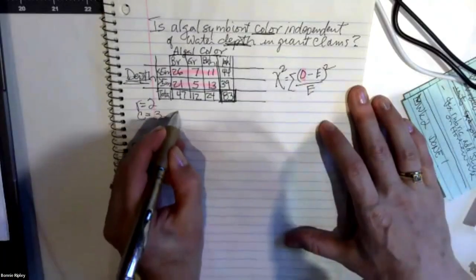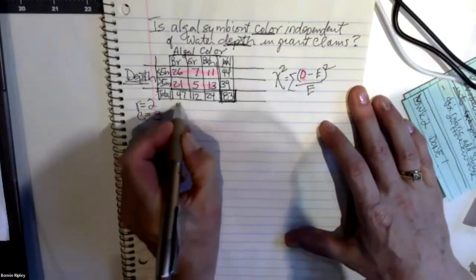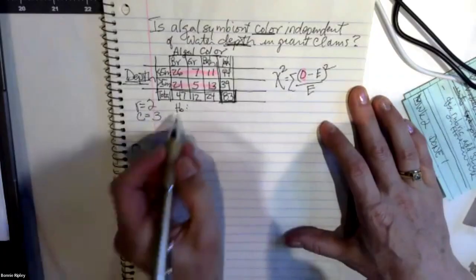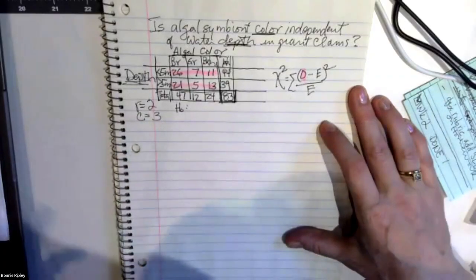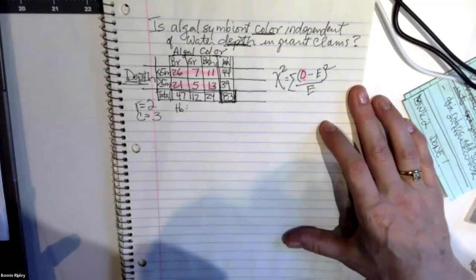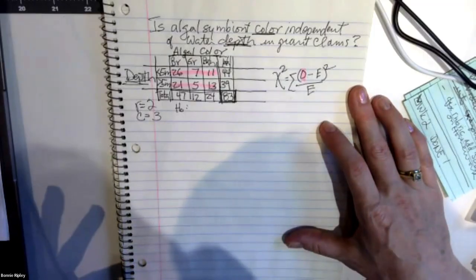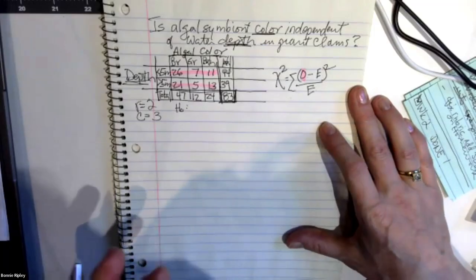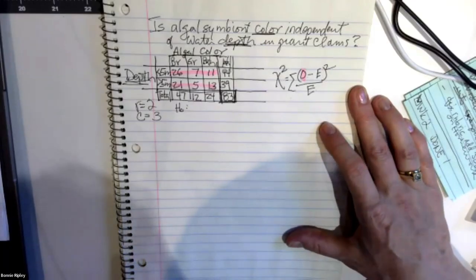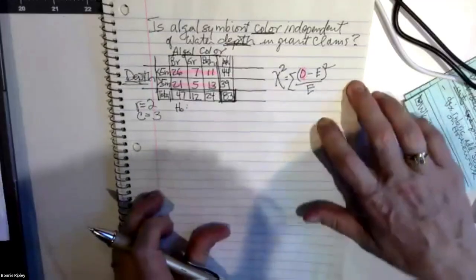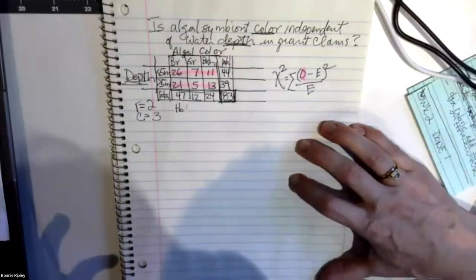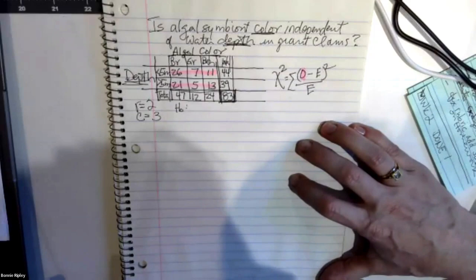So we need our expecteds. The first thing that we're going to do is write down our null hypothesis. When I gave you the general way that we write the hypothesis, I said row variable is independent of column variable. Here's where you want to substitute in the actual row variable.